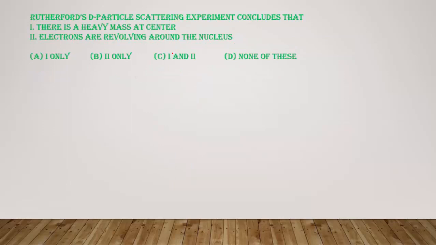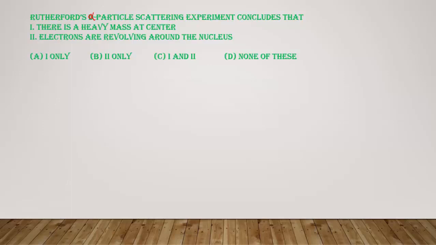And the second question is, Rutherford alpha particle scattering experiment concludes that, what is the conclusion of Rutherford alpha ray scattering experiment? In the first statement, there is a heavy mass at center. Yes, it is right. Electrons are revolving around the nucleus.